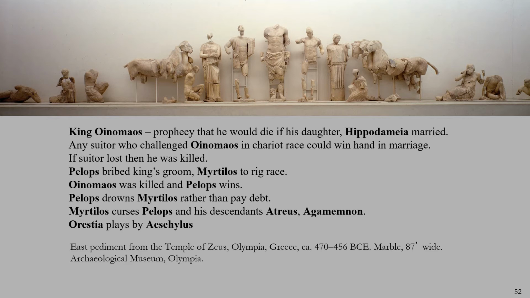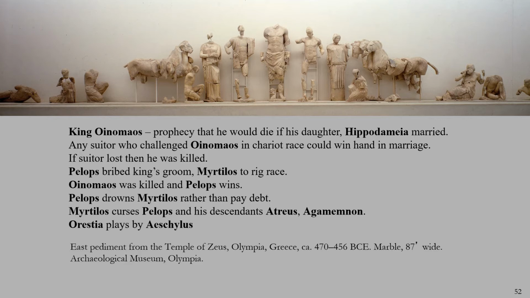So basically, the king had this sort of magical horse given to him by the gods. And so there was no way that anybody could win this race against the king. But this guy, Pelops, bribed the keeper of the king's horses, the king's groom, Myrtilos, to rig the race. The king was killed, and Pelops wins.